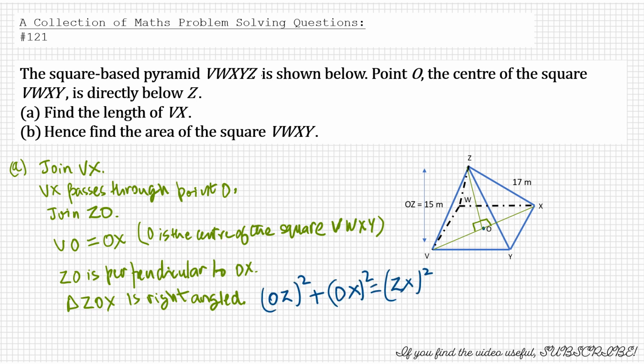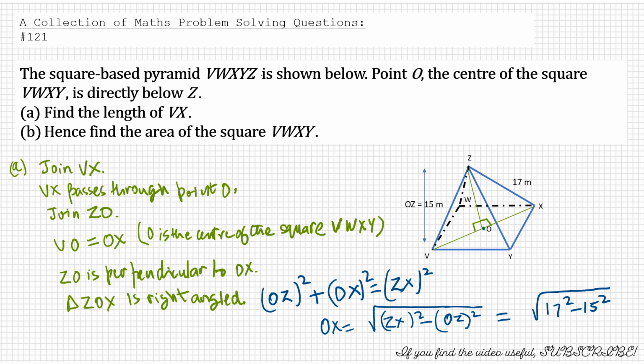By Pythagoras' theorem, OZ square plus OX square equals ZX square. I should have written here "by Pythagoras' theorem," because that's the main thing we're applying here.